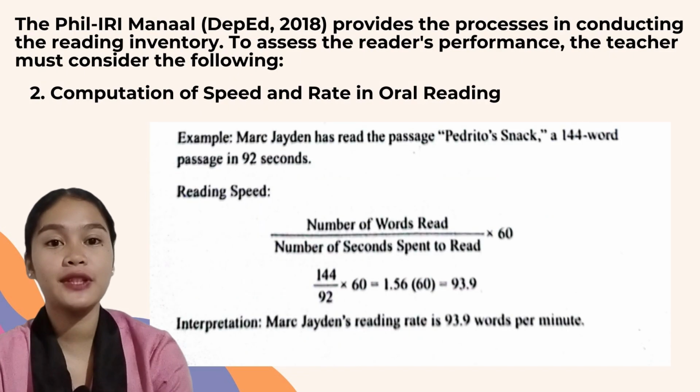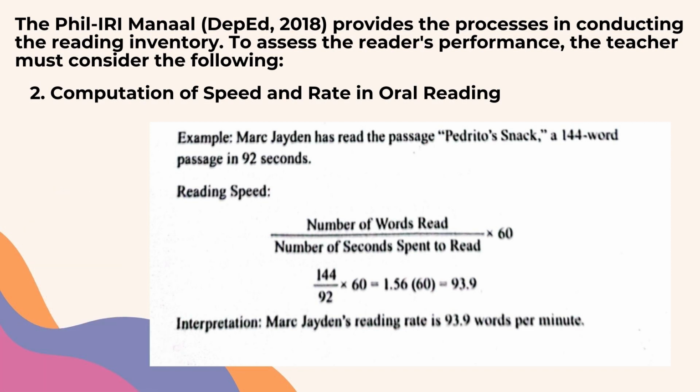Now we have the computation of speed and rate in oral reading. Now we can see this in, for example, Mark Jaden has read the passage Pedrito's Nap, a 144-word passage in 92 seconds. So, reading speed, we have here the formula: number of words read over number of seconds spent to read, multiplied by 60.